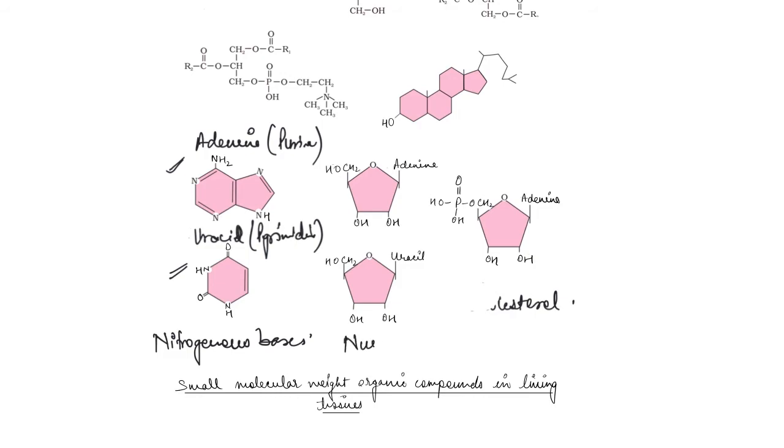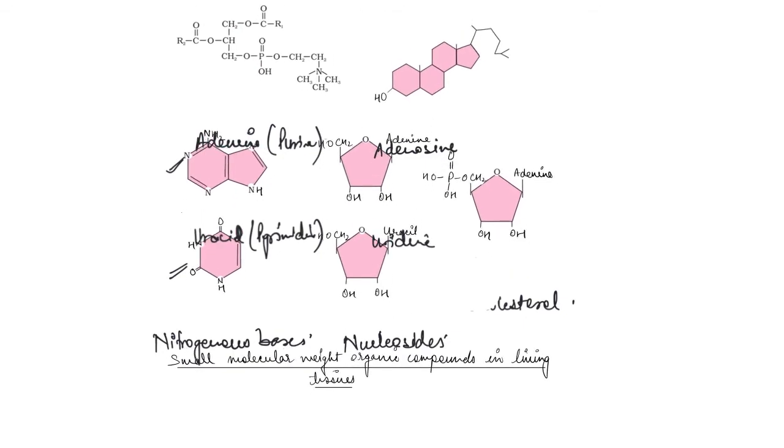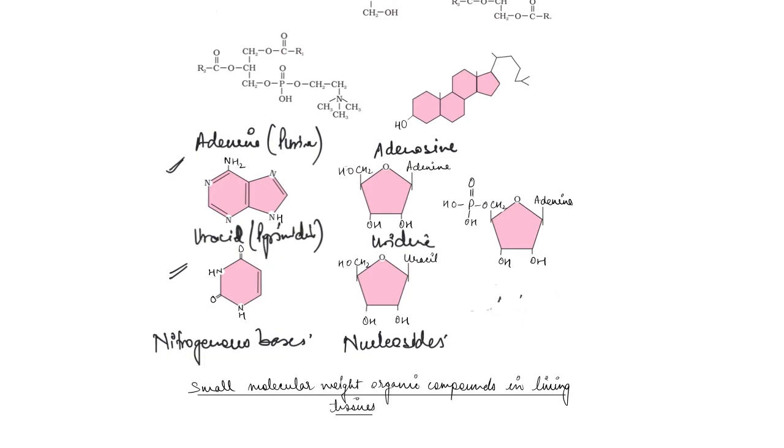These two are nucleosides. This is adenosine. This is uridine. So basically the nitrogenous base is attached to a sugar, and they form nucleosides. Now these two, guys, are nucleotides.